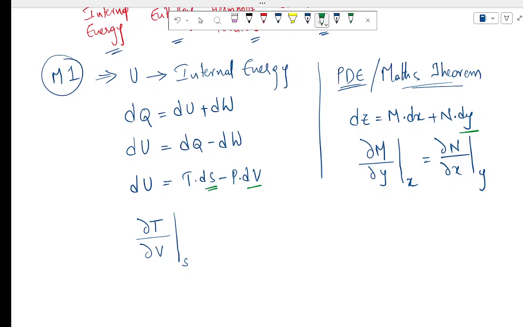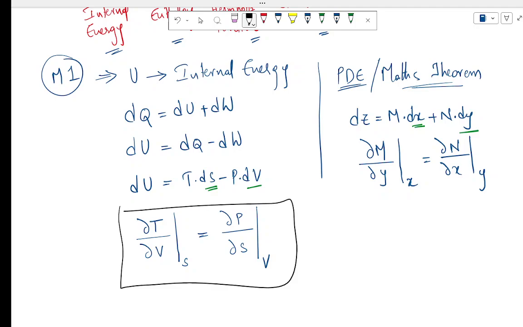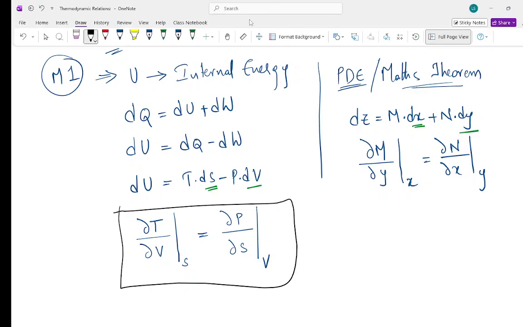In place of x you have s, that's why I am taking s as constant. Similarly, on the other side, in place of my n I have p, and in place of my x I have s, in place of my y I have v. So this relationship is nothing but your Maxwell relationship 1. This is called M1.